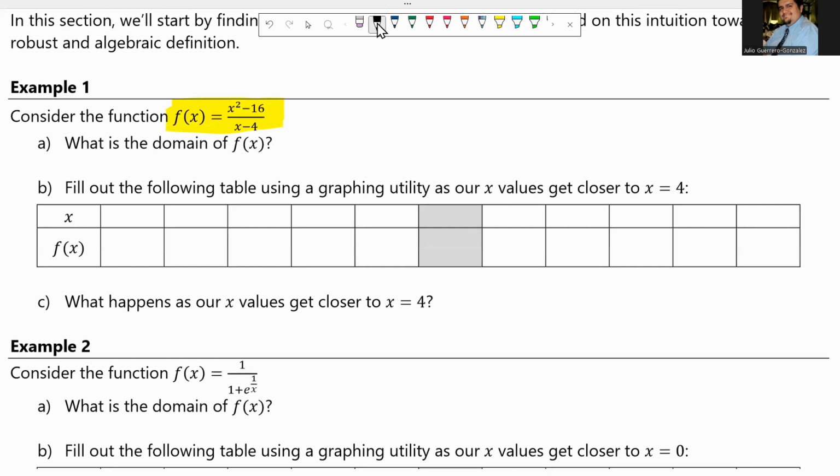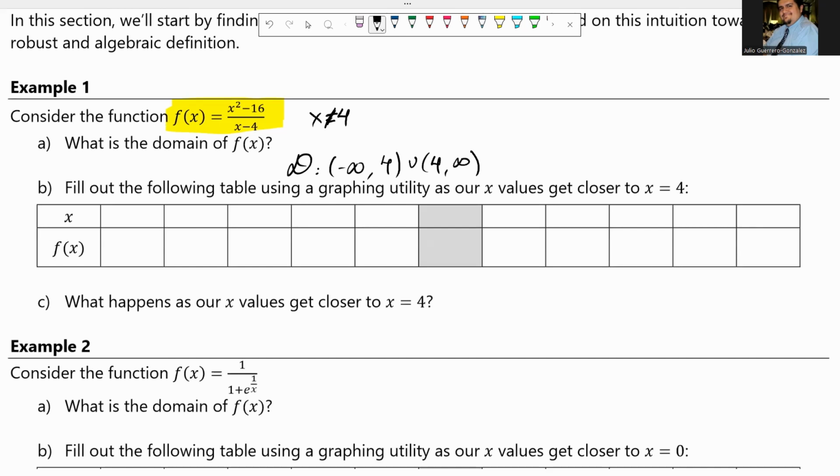In this case, it looks like we might be dividing by 0, and the division by 0 happens when x is equal to 4. So we can't have x equal to 4. Our domain is negative infinity to 4 union 4 to infinity. Notice that my domain is skipping over the value 4.